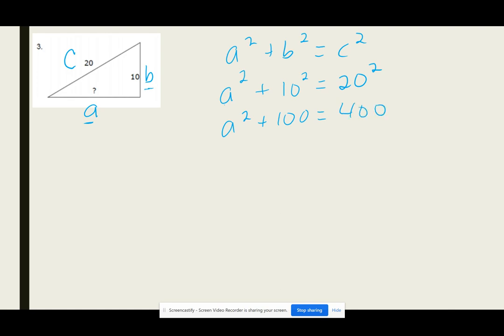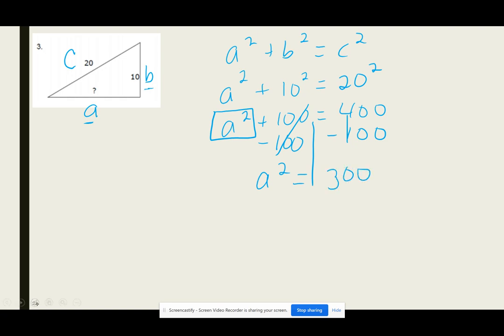Okay, again, I want to get the A squared by itself. So I'm going to treat this just like a normal equation that we did in class in the beginning of the year. So to get rid of the 100, it's a positive 100, so I have to subtract. I always do the inverse operation. Okay, my 100s are going to cancel out. So I have A squared equals 400 minus 100 is 300.